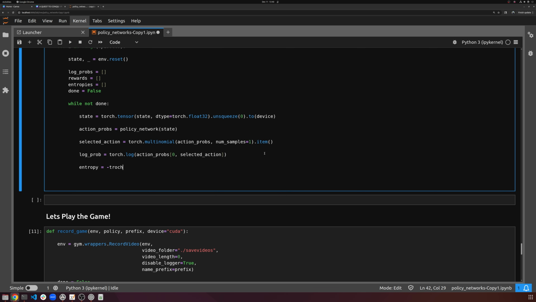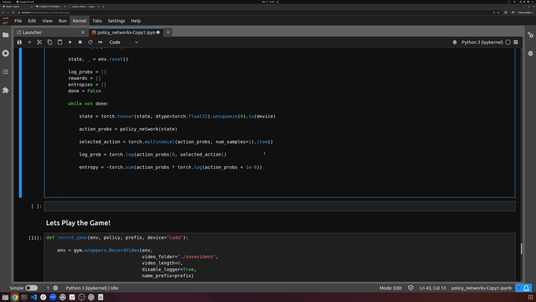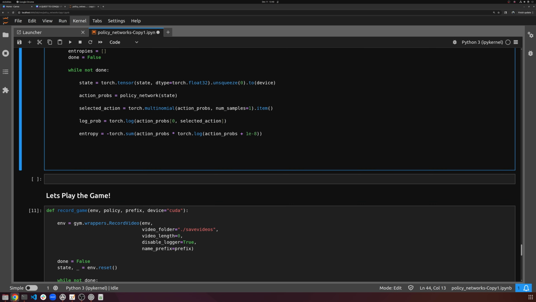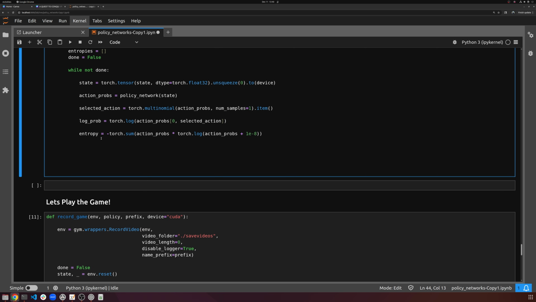That's going to be negative torch.sum, the standard entropy formula: the action probs times torch.log action probs. And just for good practice, if we're taking a log of something, we should add a little term to it so we don't throw an error, so we don't take the log of 0 or something. That's just a little entropy term. That's all. And now that we've selected an action, it's time to actually take that step in the game.